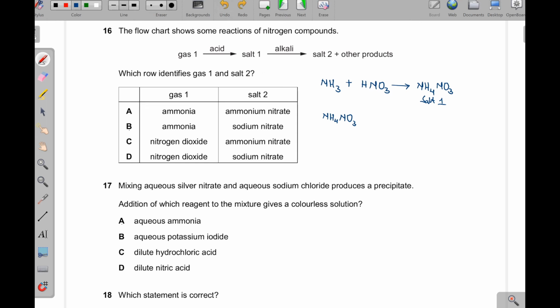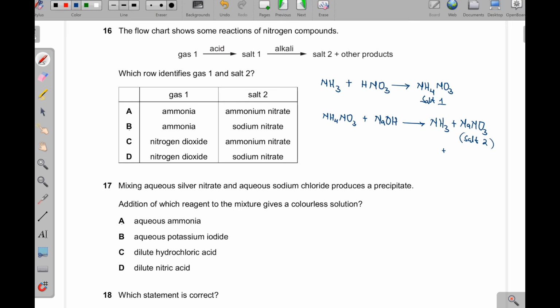Any salt of ammonia, when you warm it with a strong alkali, ammonia is going to be produced. So if I put sodium hydroxide, then we are going to have ammonia produced, then sodium nitrate. They are saying other products and a salt 2. So salt 2 is this one here.